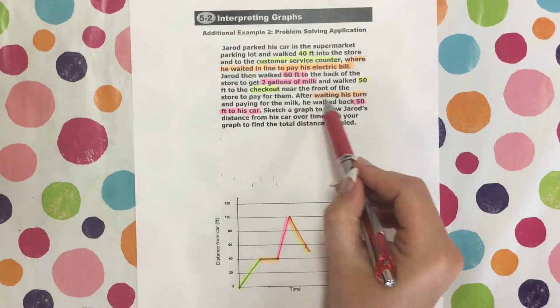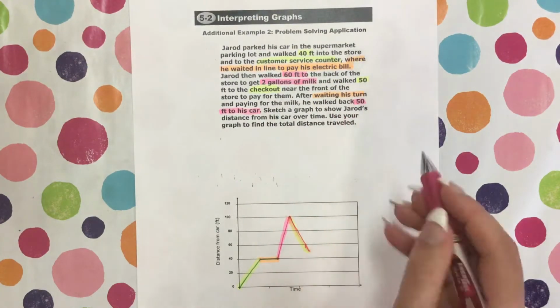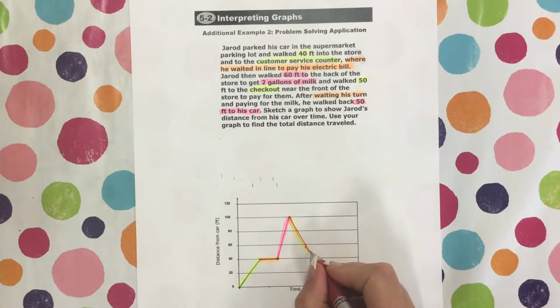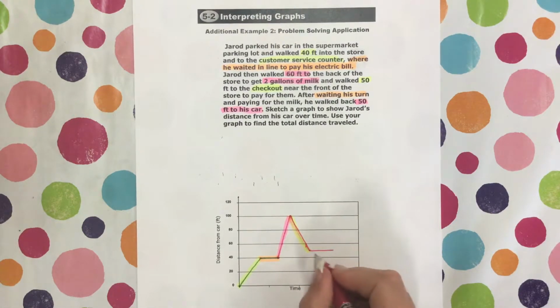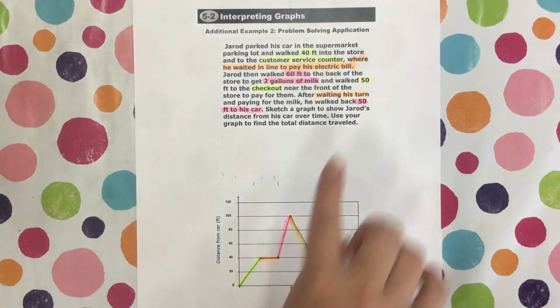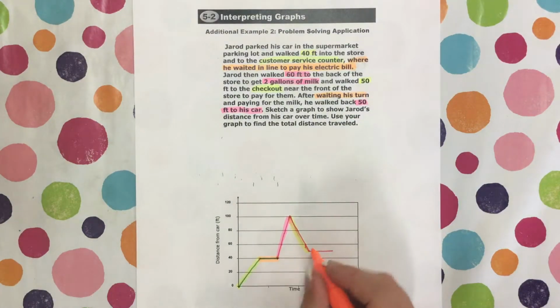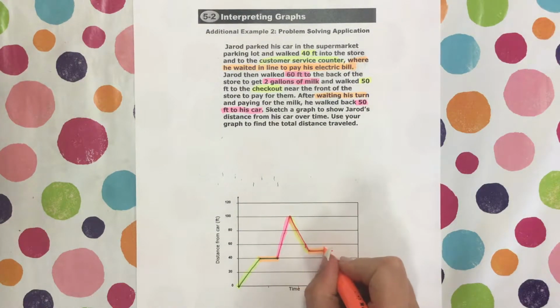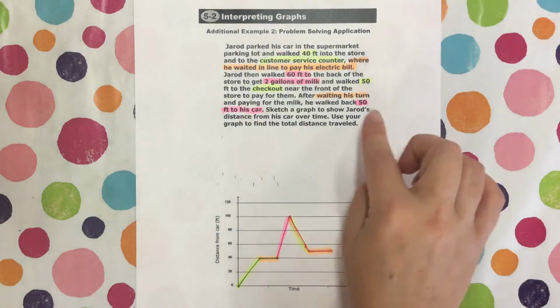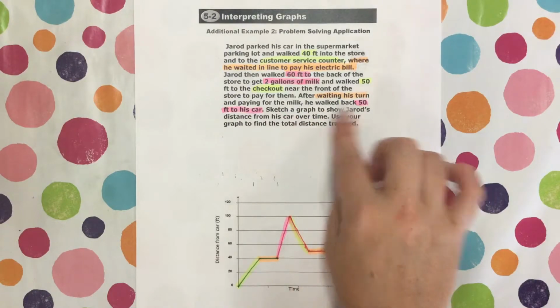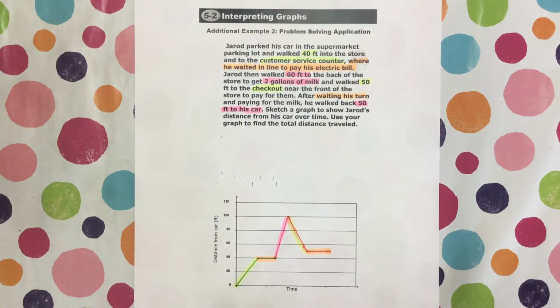Then it says, after waiting his turn to pay for the milk, he's waiting, he's still the same distance, but time is progressing. So he's waiting to pay for his things, so that's the orange here. After he does that, he walked 50 feet back to his car.